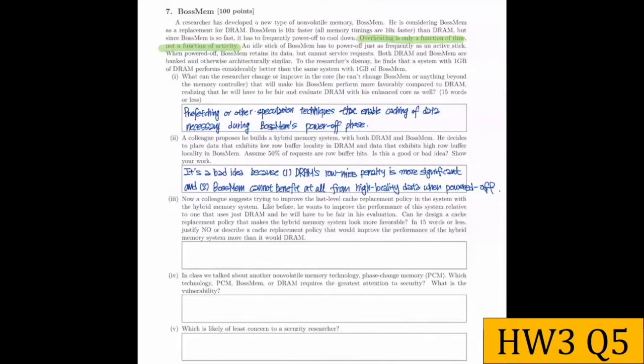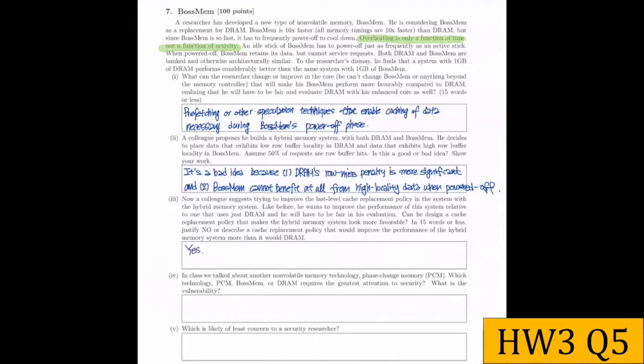So how can you do that in cache with the cache replacement policy? One possible solution is to prevent addition of data which is allocated to BOSMEM while the BOSMEM is powered off. So a possible answer is yes.